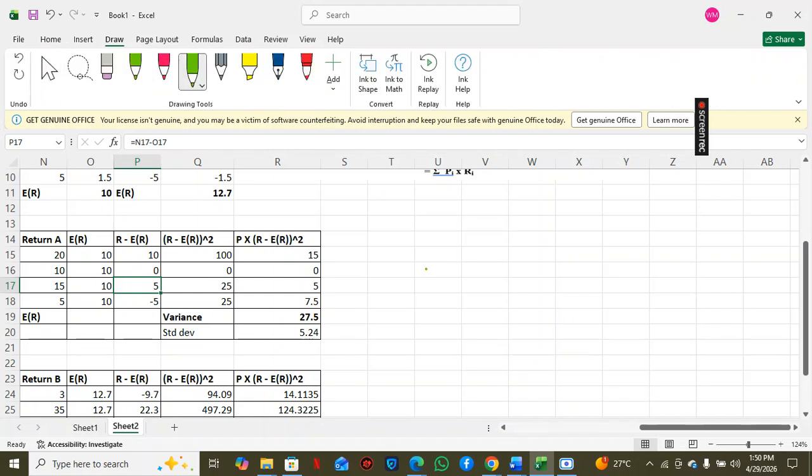Think of this as the number line here. Company A, the expected return is 10%. We've said we've got a standard deviation of 5.24.